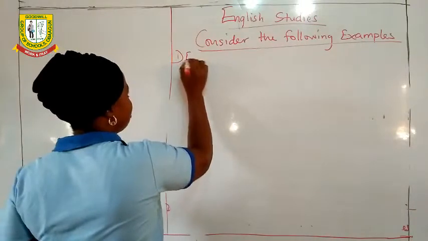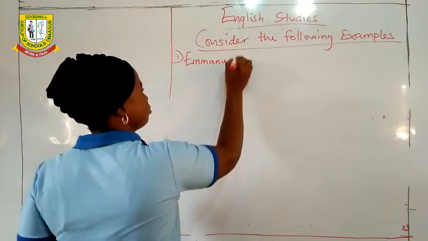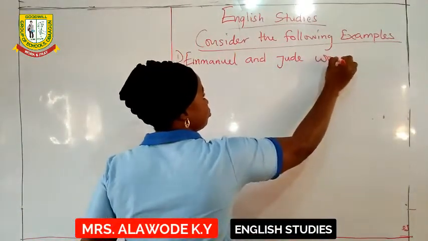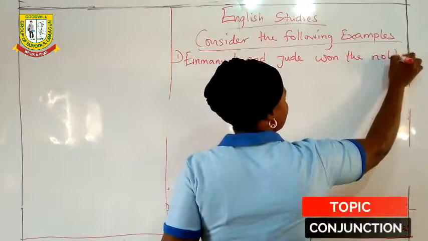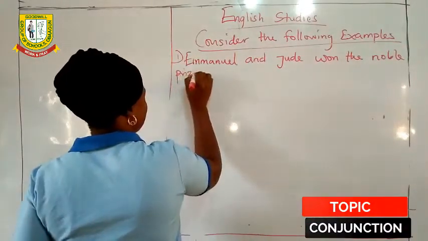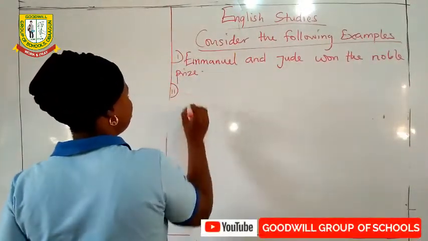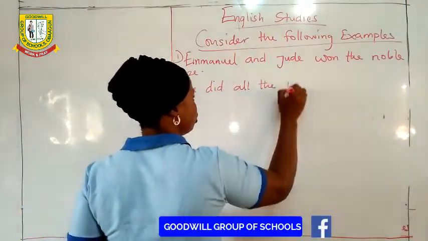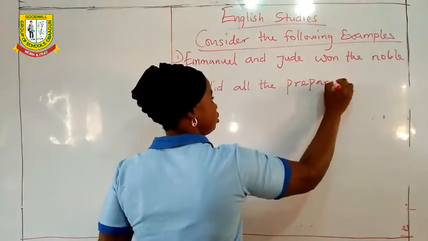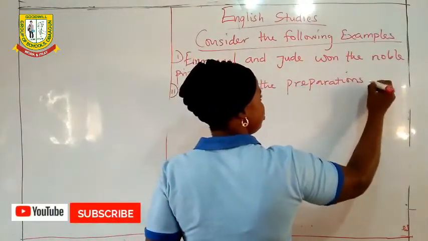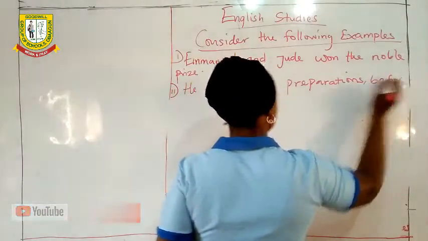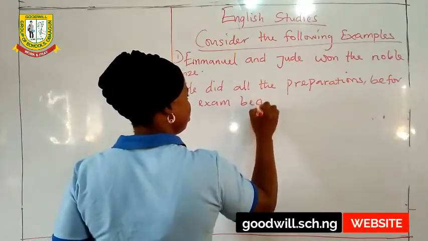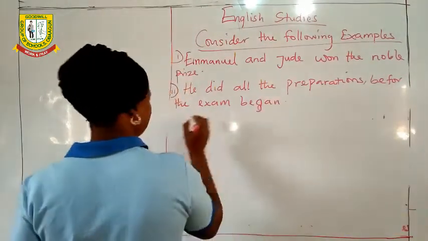Number one, Emmanuel and Jude won the Nobel Prize. Two, he did all the preparations before the exam began.